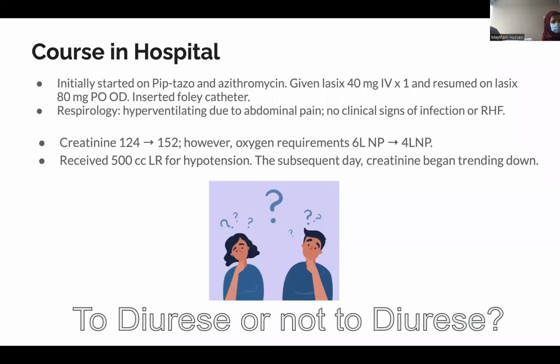So at this point in time, the medicine team was a bit unclear whether to continue diuresis or with IV fluids, given the opposing trends in her oxygen requirements and her creatinine.